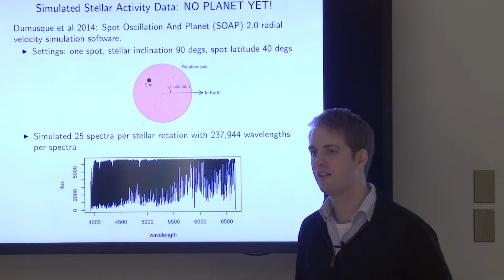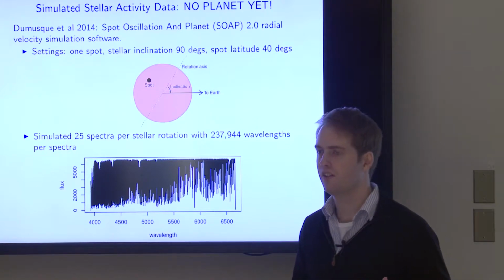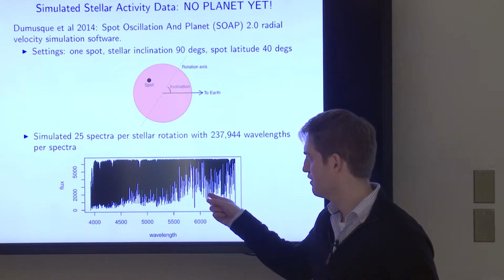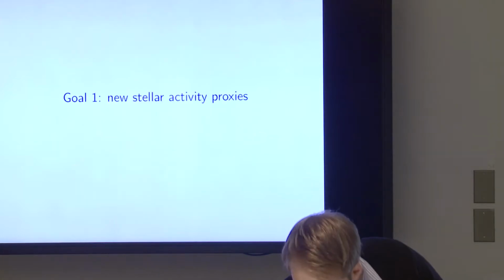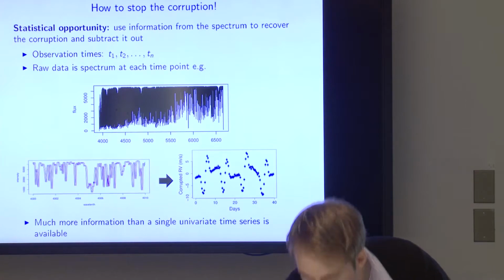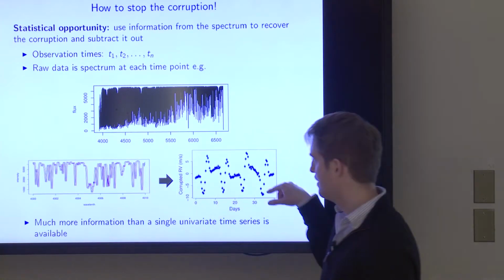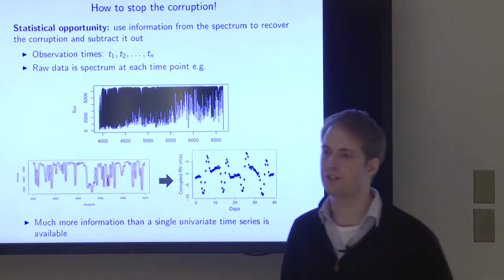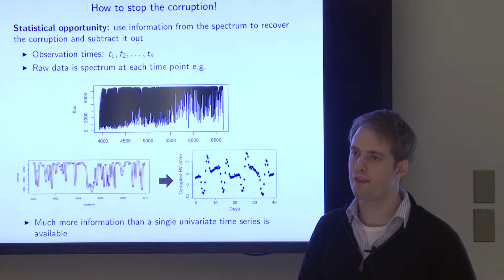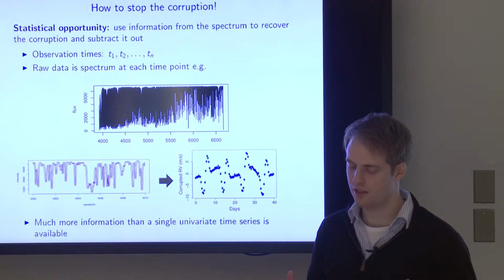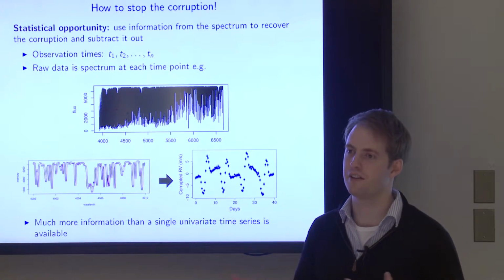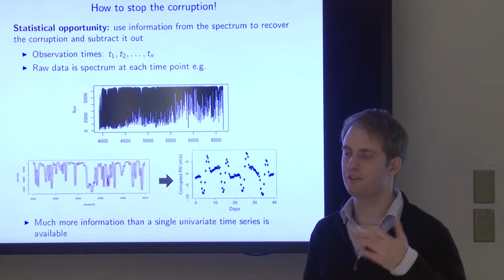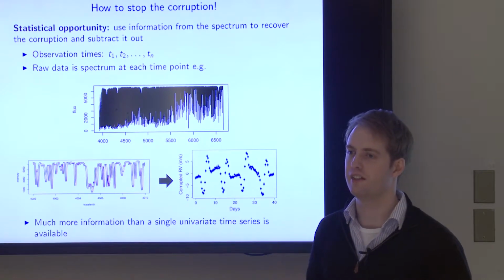The radial velocity time series is just the shift of the spectrum. This is just an illustration of the spectrum shifting. But the spectrum does other things as well, like some of the lines change height, and then that gives the other time series.